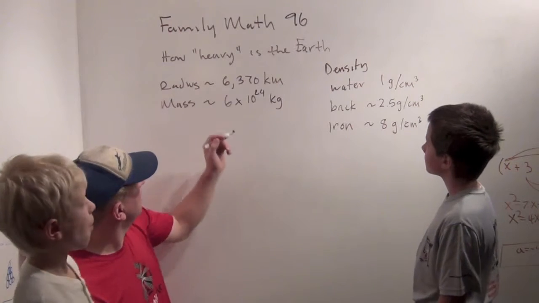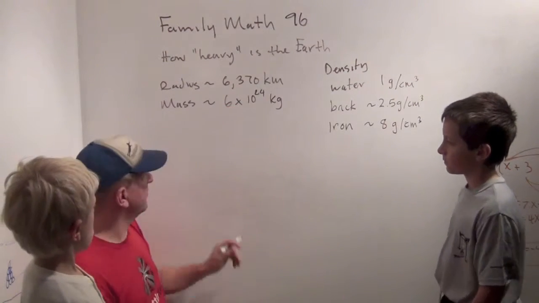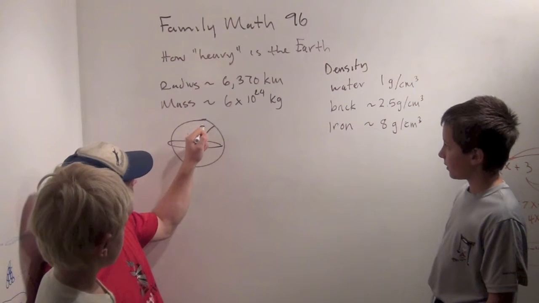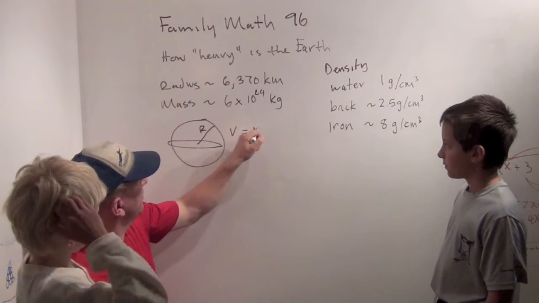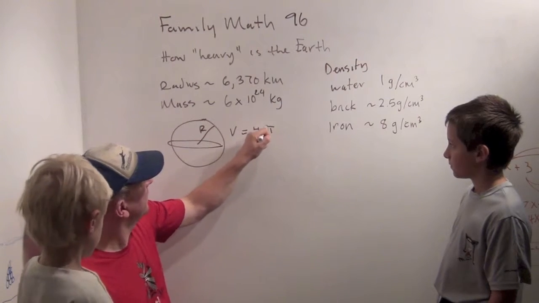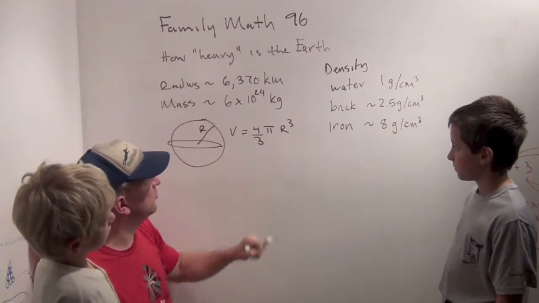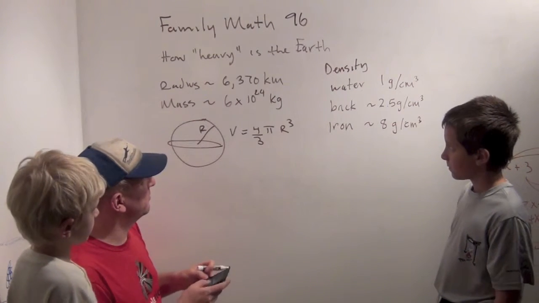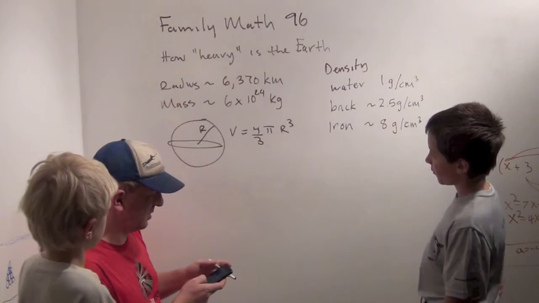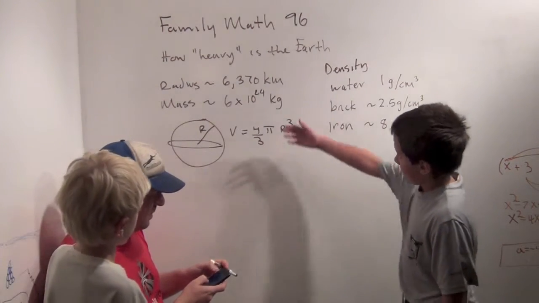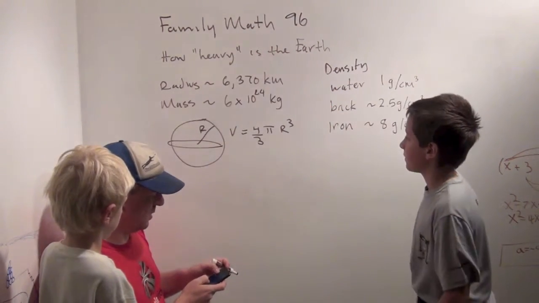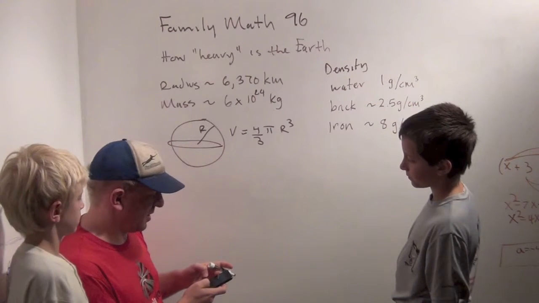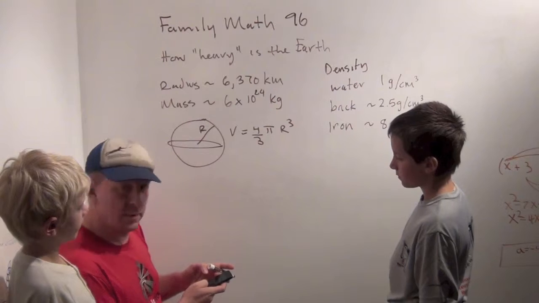Okay, good. Have we ever talked about the formula for the volume of a sphere? Not really. Okay, so the volume is 4/3 pi times the radius cubed. We're going to use a calculator. First of all it's 4/3 times pi, and what's pi? 3.1415.